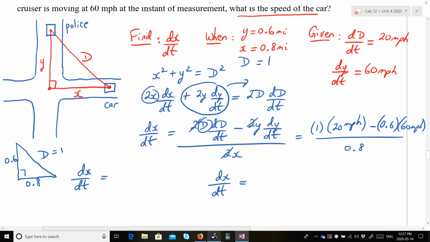Oh, I made a little mistake here. I made a small oversight.